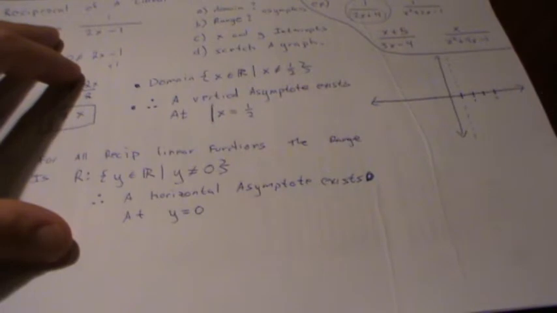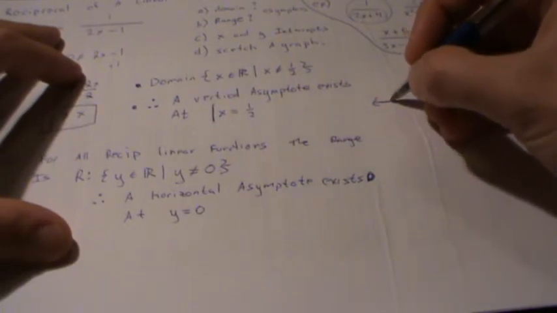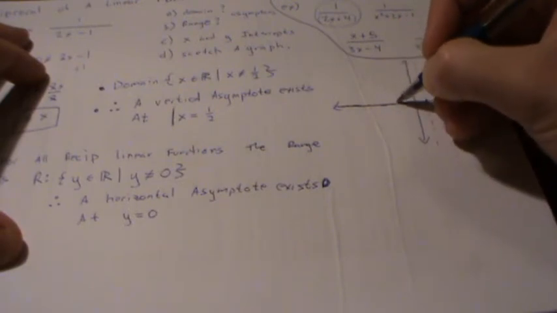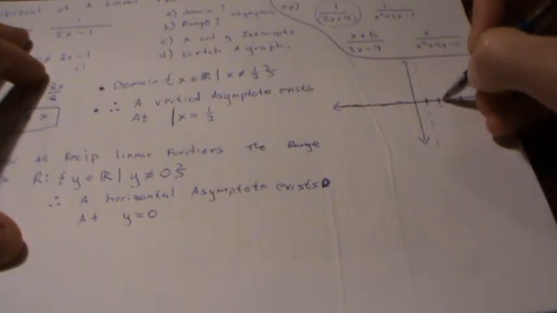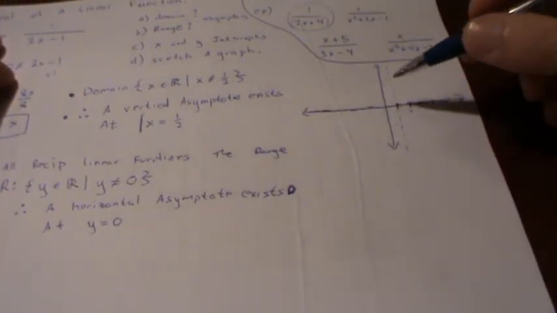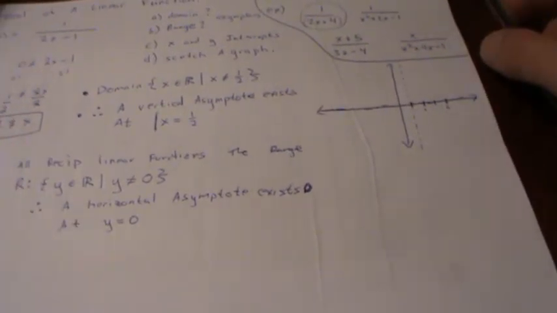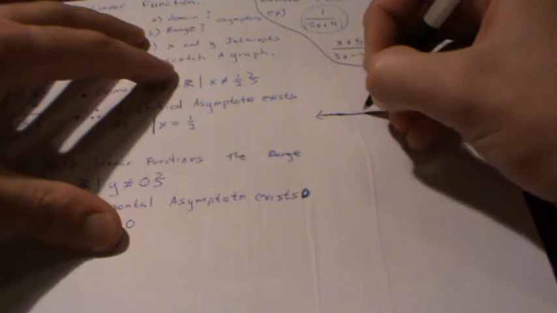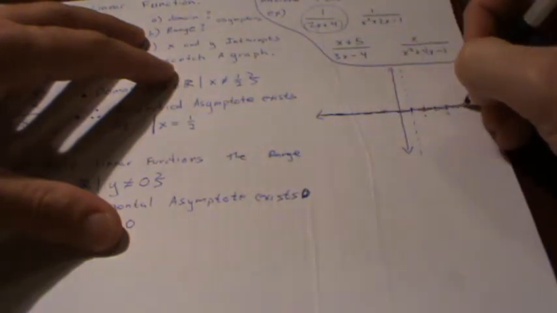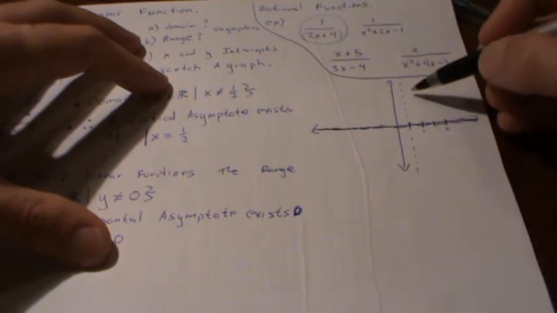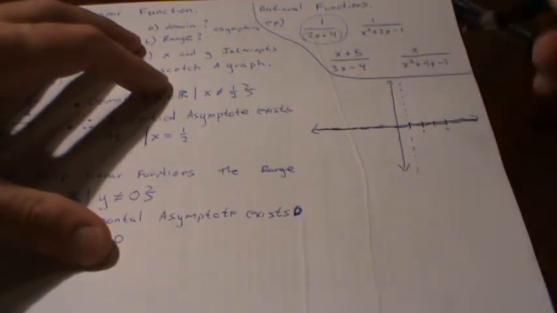And so we end up with two asymptotes. I'm going to create this asymptote right over top of the x-axis. It's difficult to see there. Whatever the case, I have a horizontal asymptote here and a vertical asymptote there.